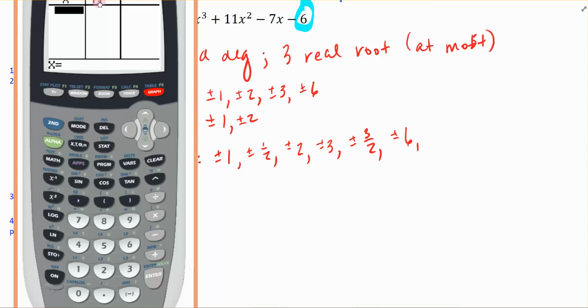Because remember, I know it's a solution when I plug in a value for x and I get back a value of 0 for y. So let's start by putting in a 1. And we found that when x is equal to 1, y is equal to 0, and that means I have a root for this polynomial.